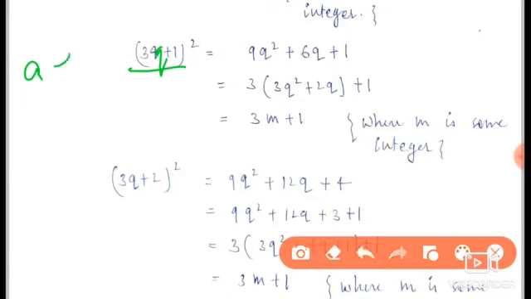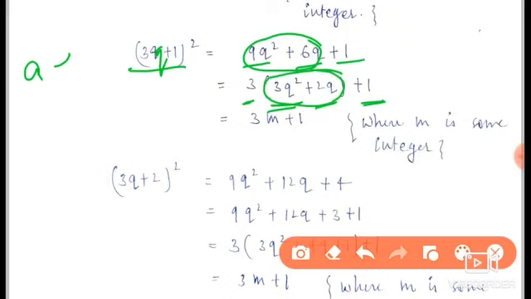So a square means 9q squared, plus 2ab means 6q, plus 1. From here you can take 3 as a common factor, then 3q squared plus 2q plus 1. This 3q squared plus 2q we take as m, where m is some integer, so 3m plus 1.